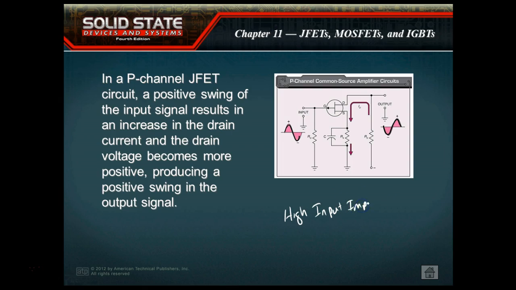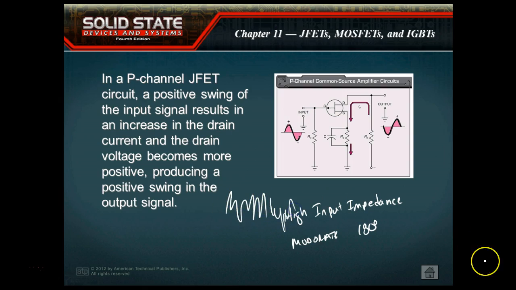Of course we've talked about this, impedance is a term we use most often when we're talking about AC signals. And then it has a moderate output impedance. And of course, the input and the output are 180 degrees out of phase. No matter what signal you put on the input, the output would be 180 degrees out of phase.